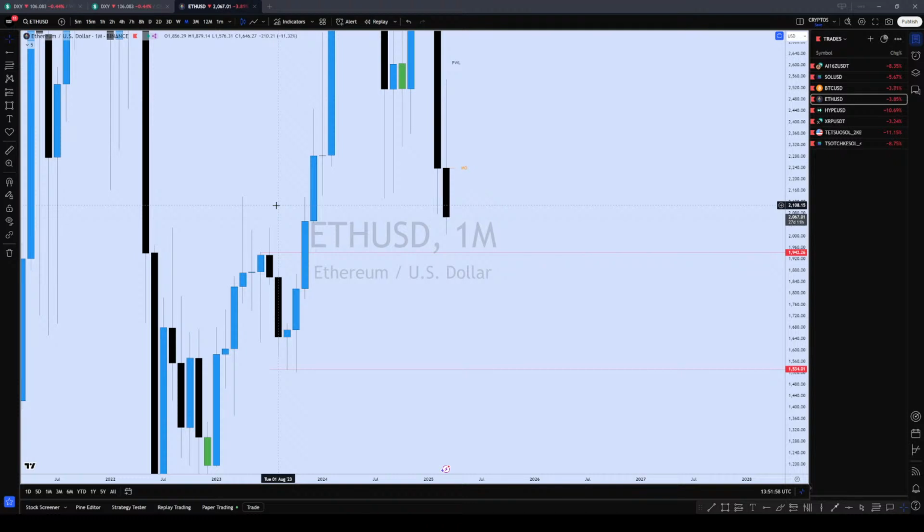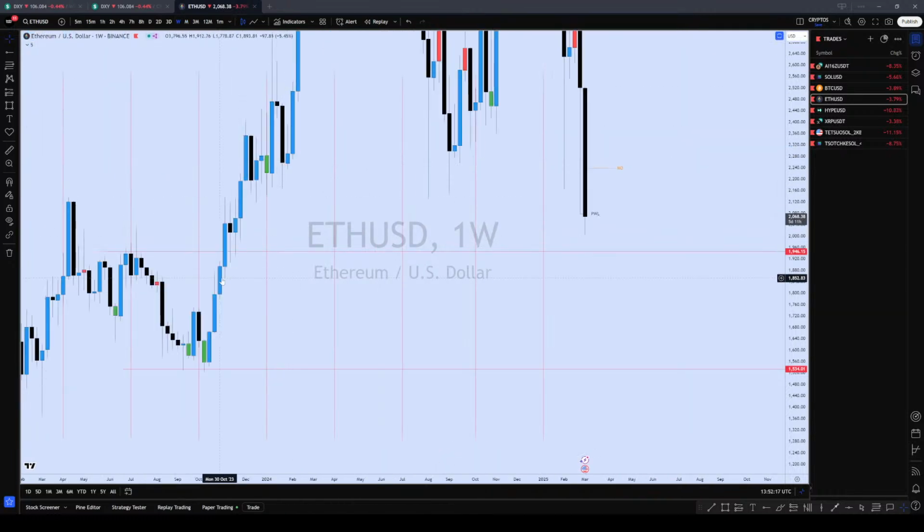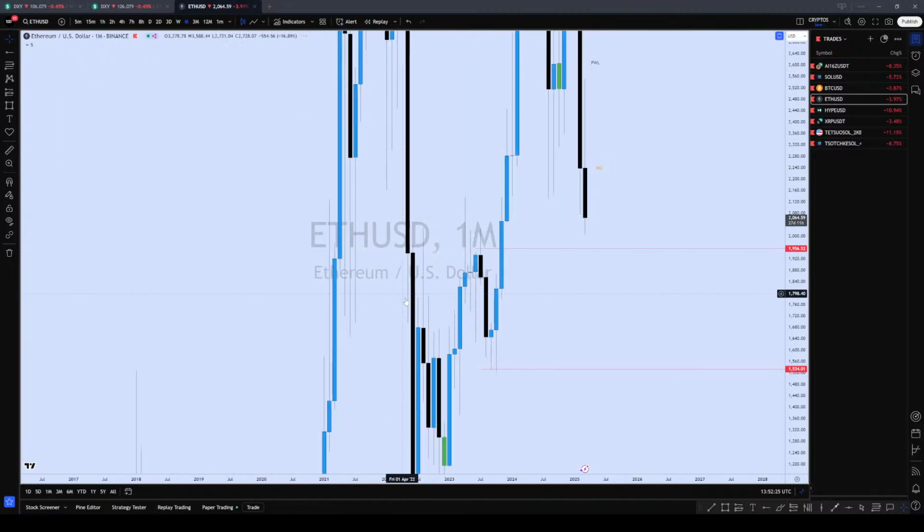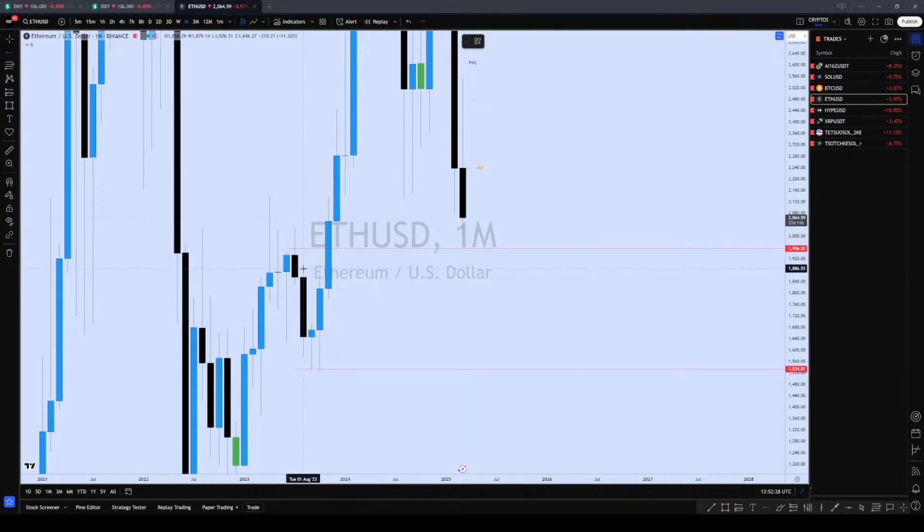That is the level for Ethereum. So if you trade Ethereum, look for downside objectives, 1946. Right there. And then they can go as low as this candle's high, 1868. Okay, they can go as low as 1868.